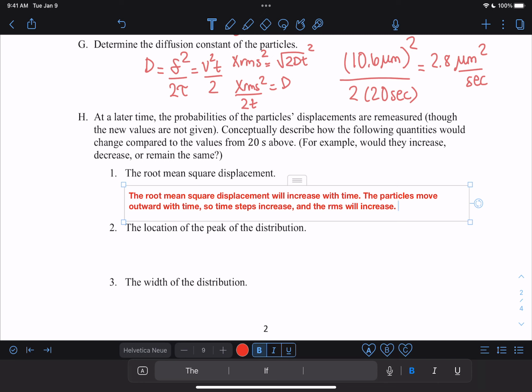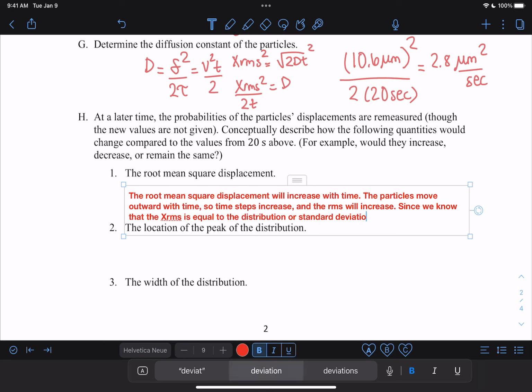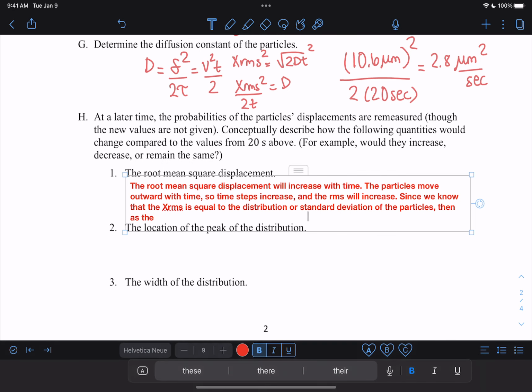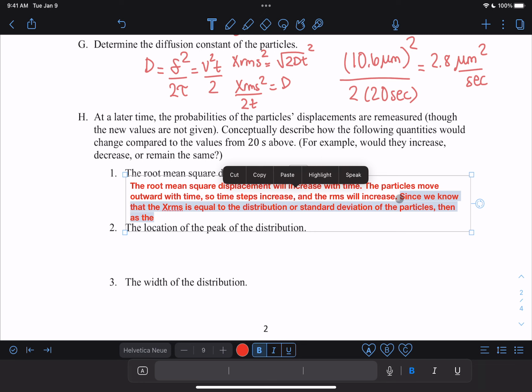And at the same time, since we know that the XRMS is equal to the distribution or standard deviation of the particles, then as the... okay, actually I'd leave this part out, to be honest, because it kind of answers part 3 a little bit early.